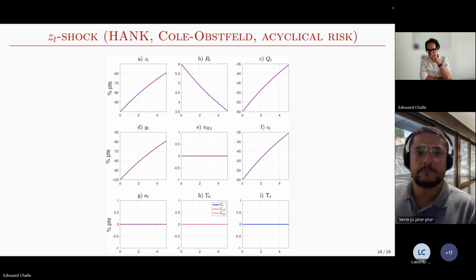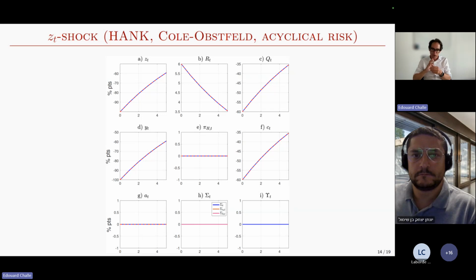Okay. So we generalize this result in a sense, under some conditions, even though there is some heterogeneity between the agents. It's just that under this condition, the heterogeneity becomes immaterial for the optimal policy response.